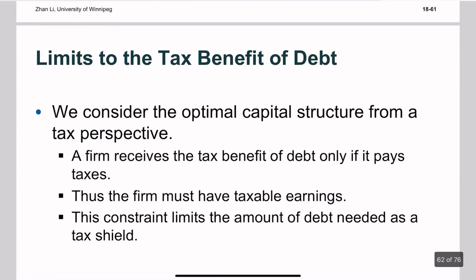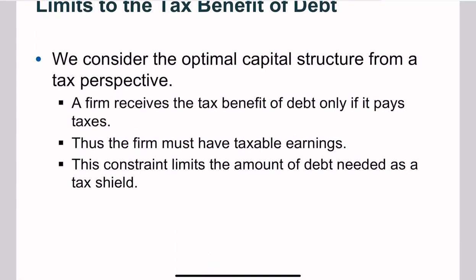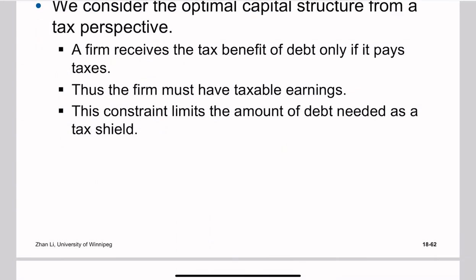Now, the first theory to explain this is there are limits to the tax benefit of debt. The idea here is very simple. If you think about how a firm gets the tax benefit of debt, the basic premise is that it has to have taxable earnings, right? So if you think about the income statement, you have EBIT here, and then you have interest expense, and then you have earnings before tax.